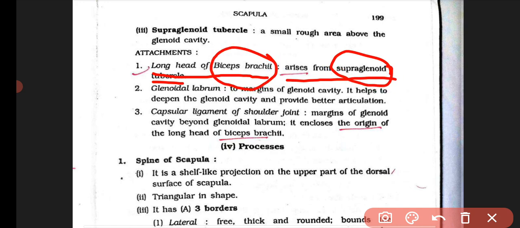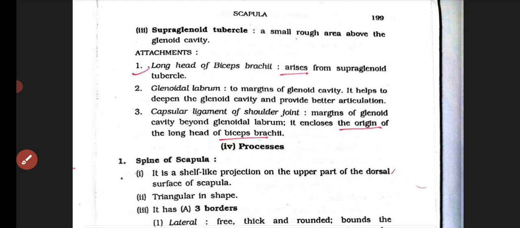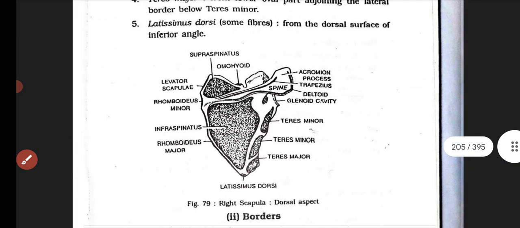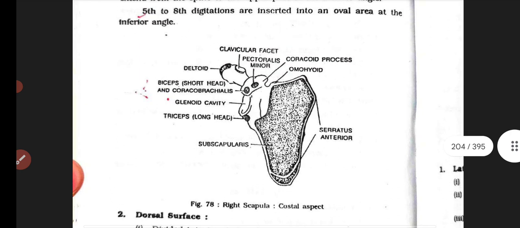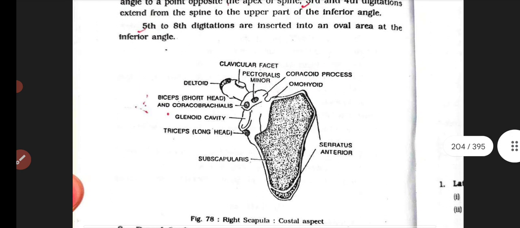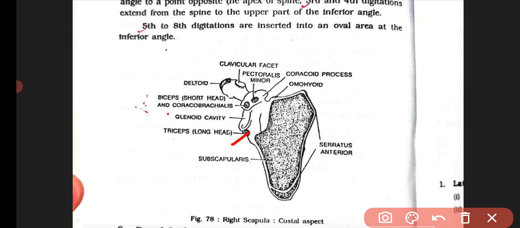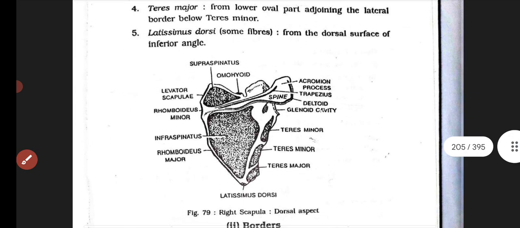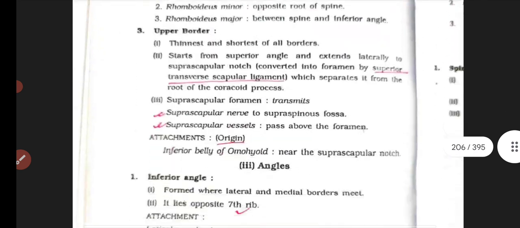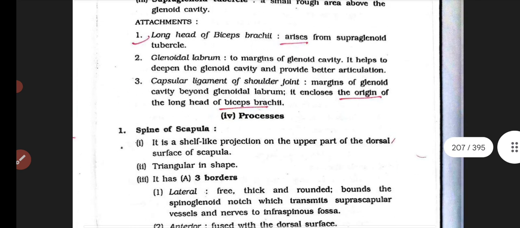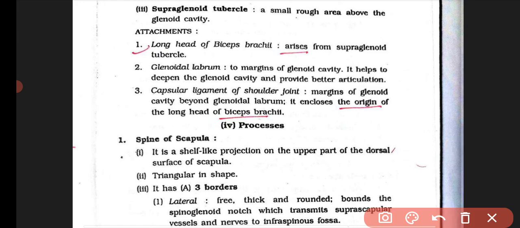Infraglenoid, long head of the triceps, and supraglenoid, the long head of the biceps muscle. This one is infraglenoid. You will not see the supraglenoid from here. And the glenoid labrum.